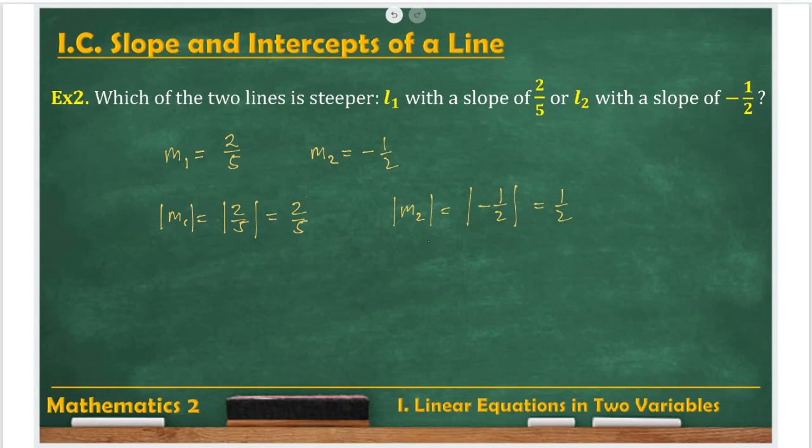Therefore, since the absolute value of m sub 2 is greater than the absolute value of m sub 1, we can conclude that L sub 2 is steeper than L sub 1. So line L sub 2 is steeper.